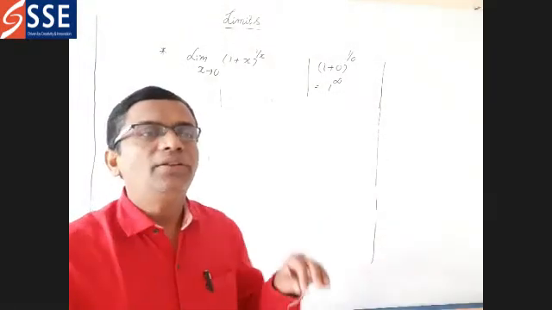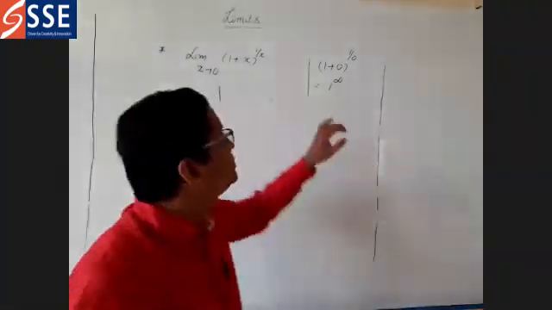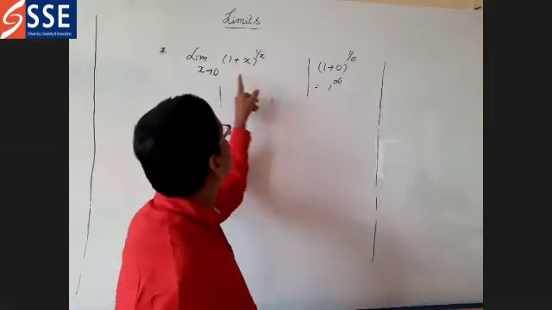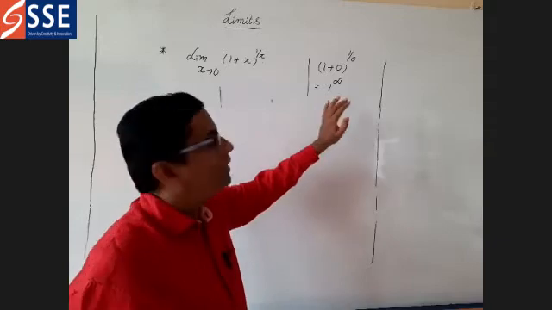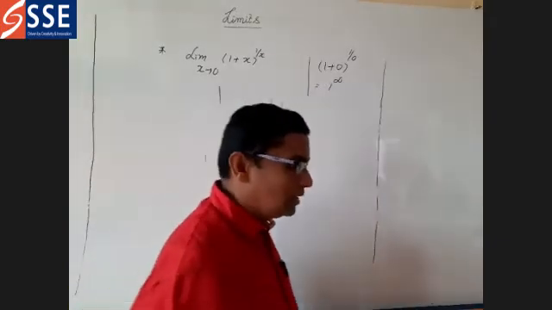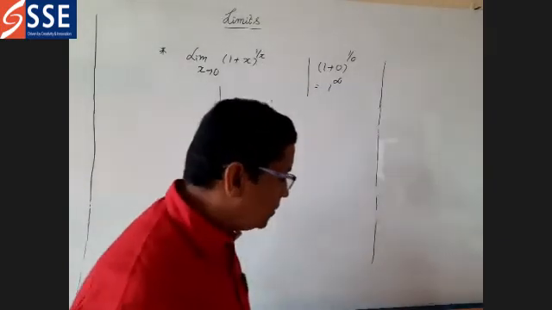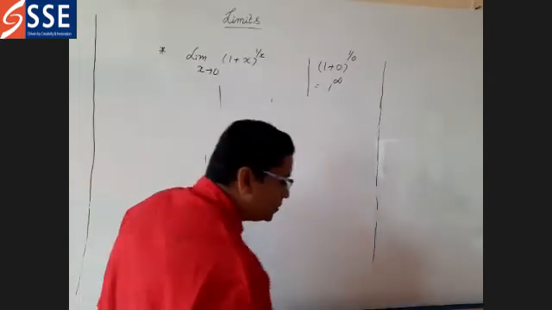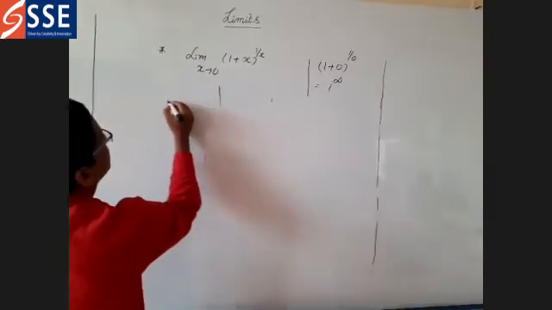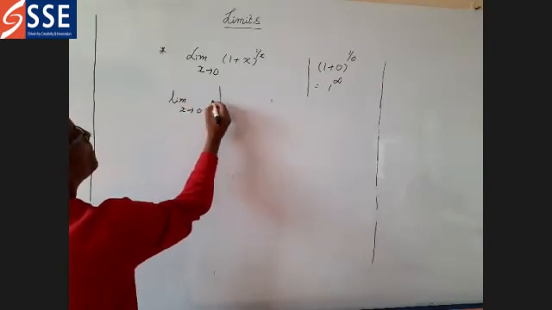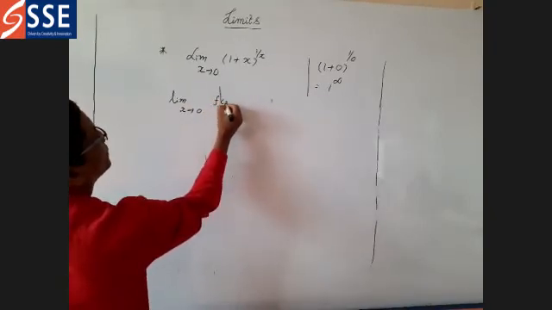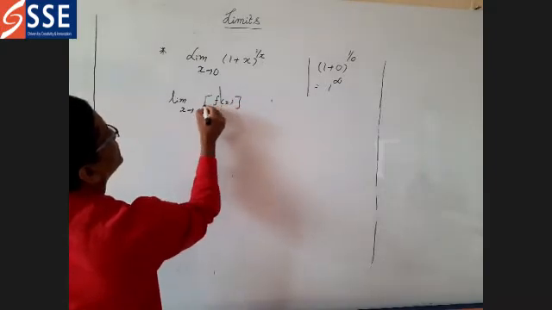If you get 1 power infinity as your answer after substituting the value of x in the given function, then there is one method to follow, a formula for this. The formula is for limit x tends to 0 of f of x whole power g of x.